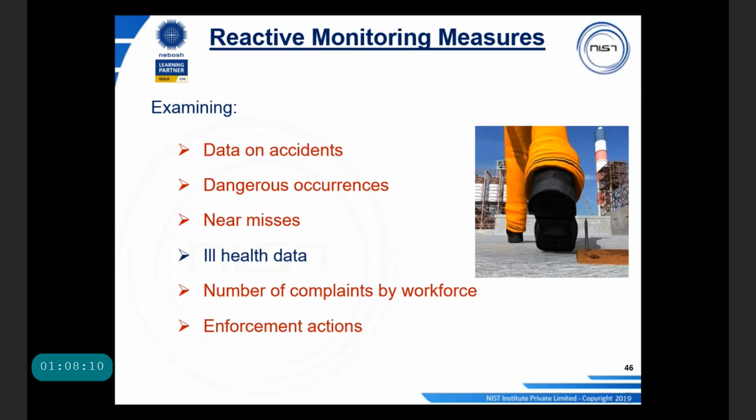But hazard will result in injury, ill health. Okay. Says may or may not. Arun says incident has happened but not resulted in injury. Okay, Arun. All right.